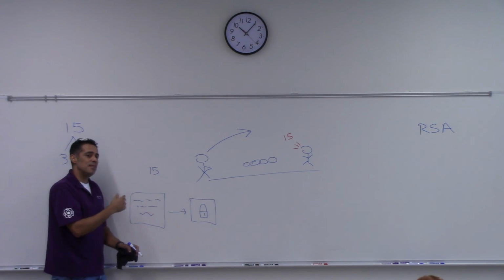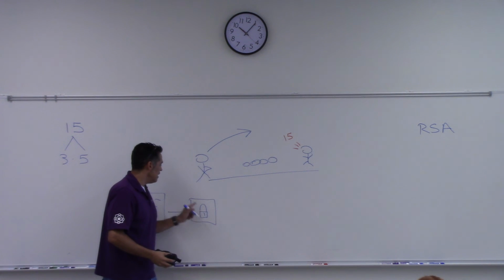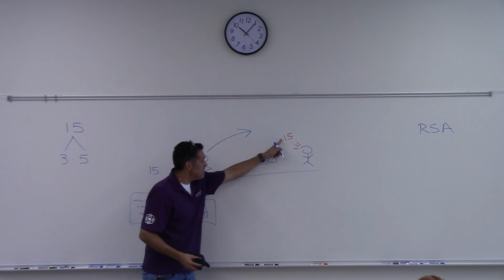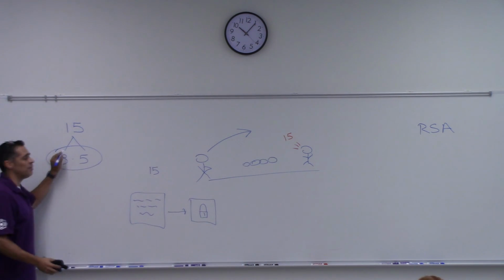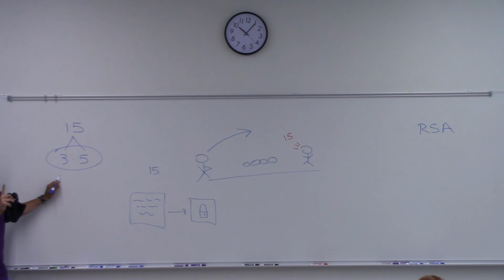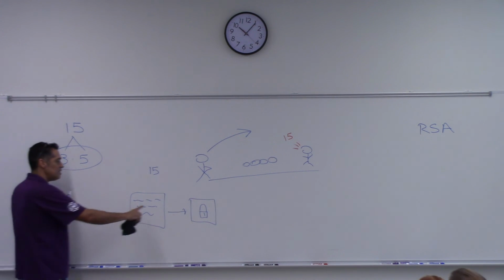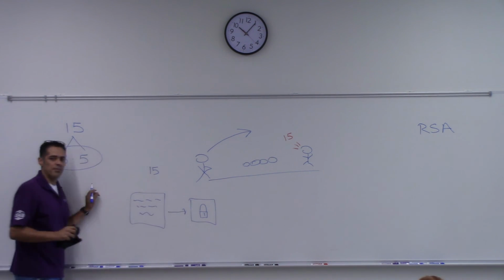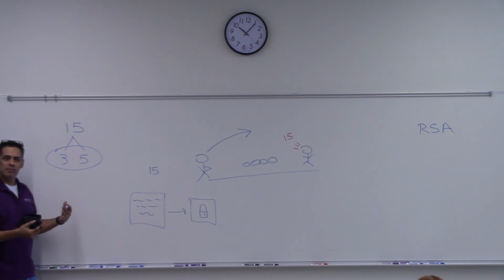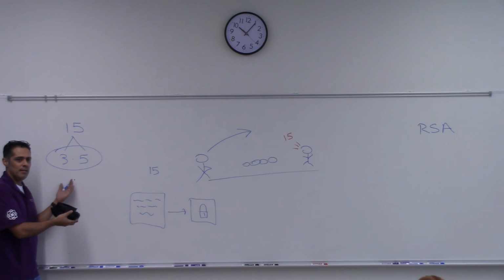The problem is the only way to unlock this is to know that 15 actually comes from 3 times 5. That's the only way you can unlock the message, is to know that this 15 is 3 times 5. Which for us, I think we would know, right?